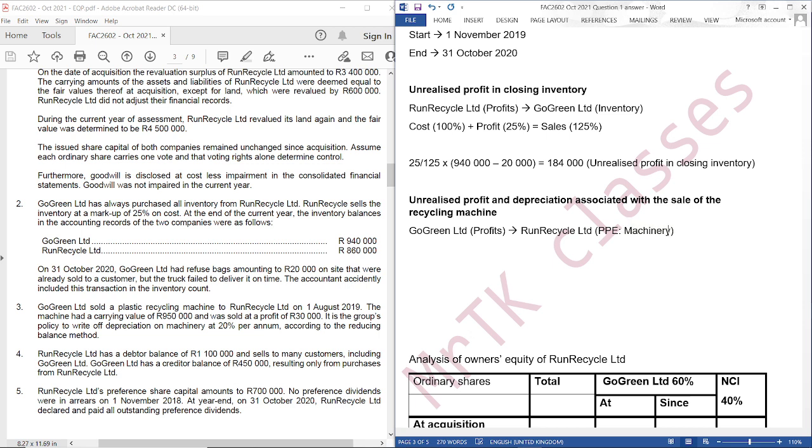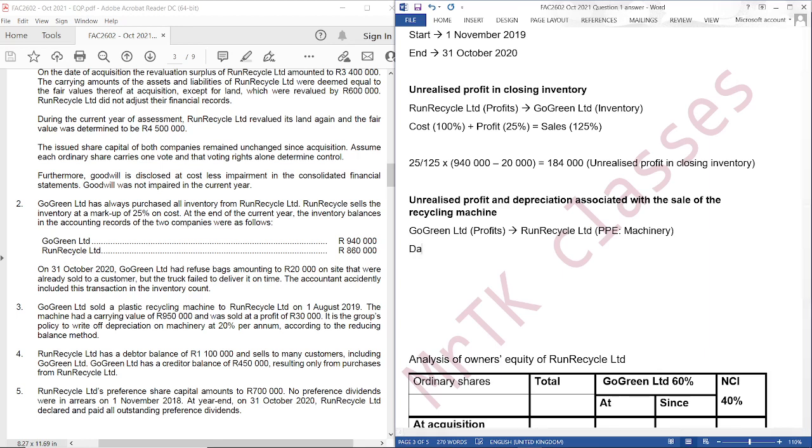So profits are in the books of the seller and the machinery is in the books of the buyer.